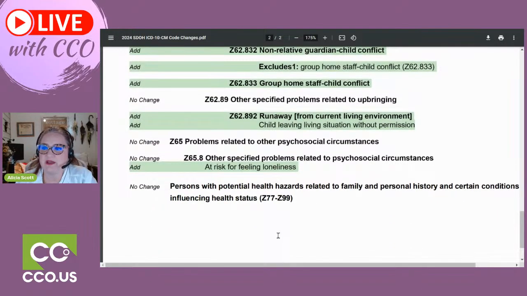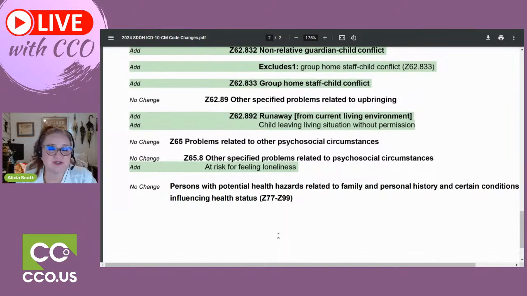We're going to wrap it up with the next few codes. We are now into the Z65 codes, problems related to other psychosocial circumstances. And they have the Z65.8. When we look under other specified problems related to psychosocial circumstances, they included at risk for feeling loneliness.